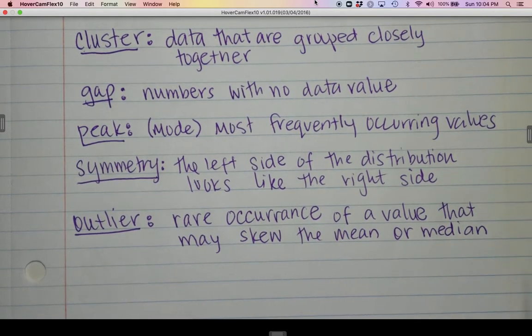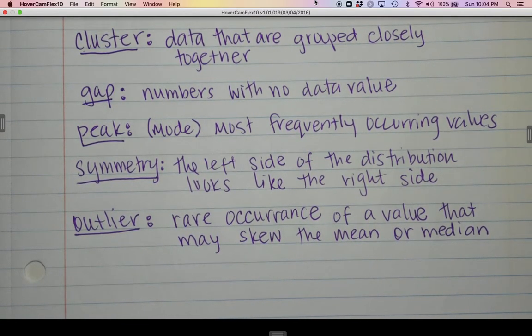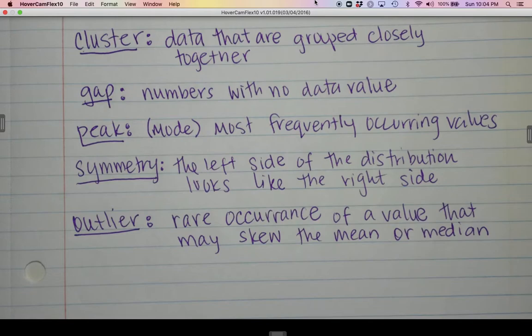And I'm going to explain that one the most to you because an outlier will really change your data. Okay, so with these 5 words, these are what we use when it says describe what the data looks like, or what's a conclusion that you can say when looking at the data. These are words that we can use when we look at the data to describe what it looks like.